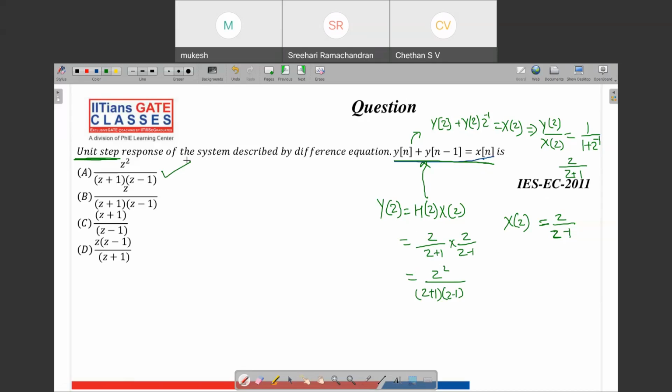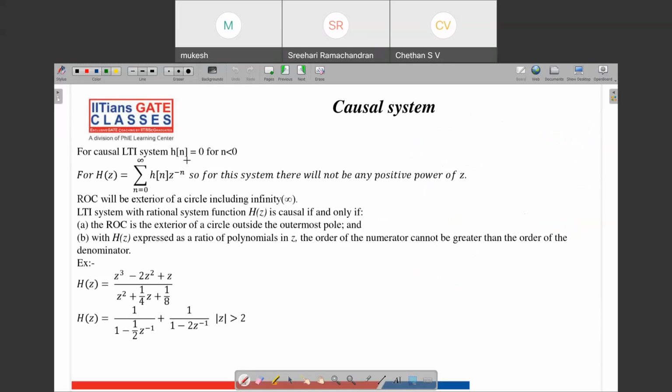Let me go to the next slide. Now we will see the system in the Z domain and see how to find out whether the system is causal or non-causal. We will do it similarly to what we have done for the Laplace domain. We know that if the impulse response is given, the system will be causal if h of n is 0 for n less than 0. Again, the result is very similar to what we have seen in the Laplace.